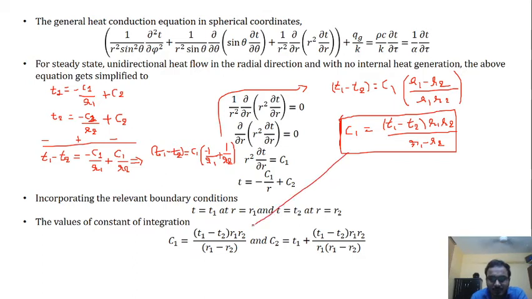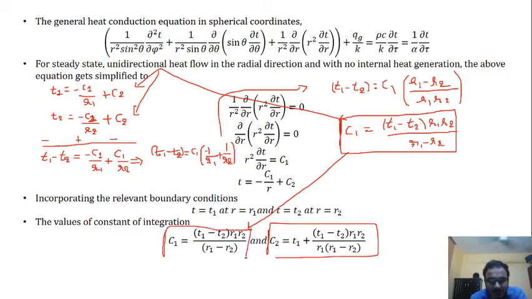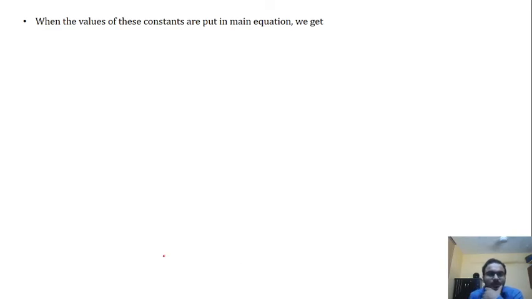So we have obtained this value, and now what you should do is you should put this value of C1 into any of these two equations, and then with similar process you will be getting the value of C2 also. So in this way we have obtained the constants of integration C1 and C2. When the values of two constants are put in the main equation, we will be getting this formula.